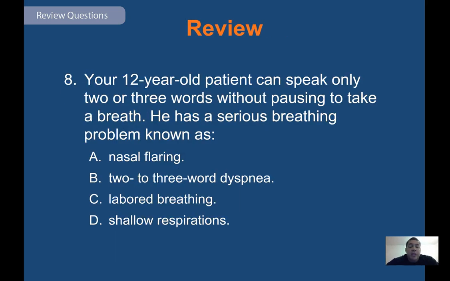Your 12-year-old patient can speak only 2 or 3 words without pausing to take a breath. He has a serious breathing problem known as... We talked about this earlier.